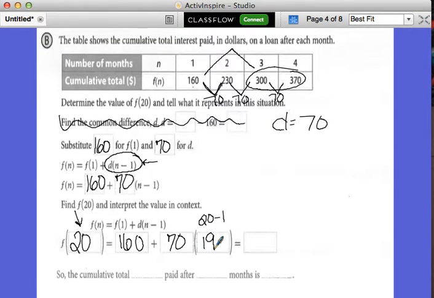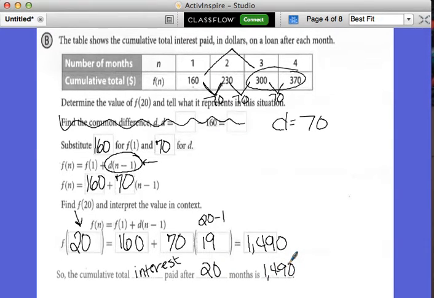All right, and just to quickly solve this, we're not going to do all the math of it, but it would be $1,490. So we know that the cumulative total interest paid after 20 months is $1,490.